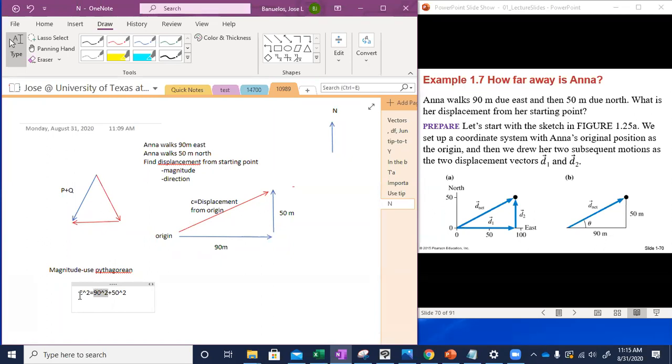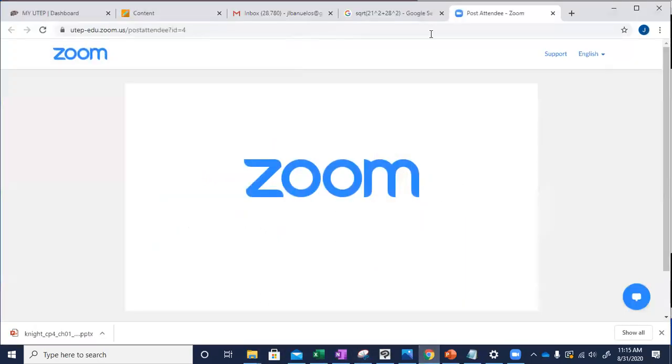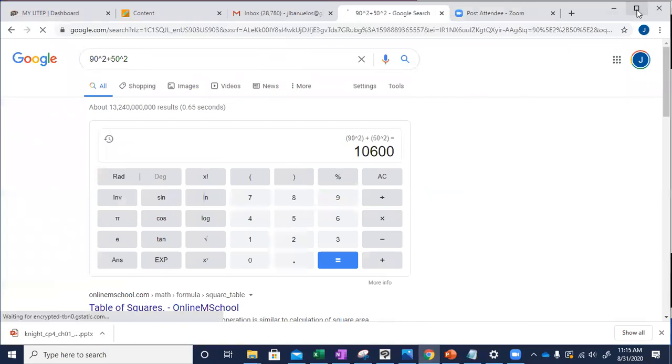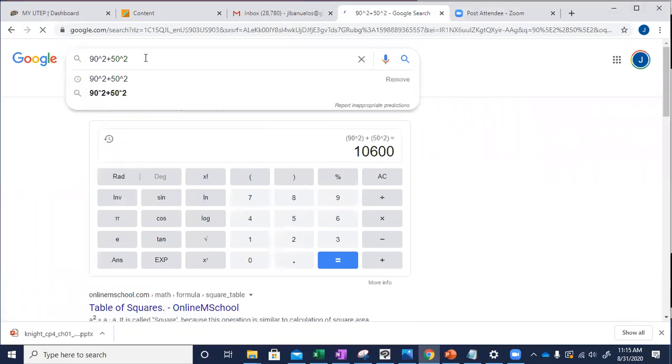If you punch that into your calculator, what do we get for that magnitude? Let's try it out here. 90 squared plus 50 squared is going to be 10,600. But then we have to take the square root of that value.